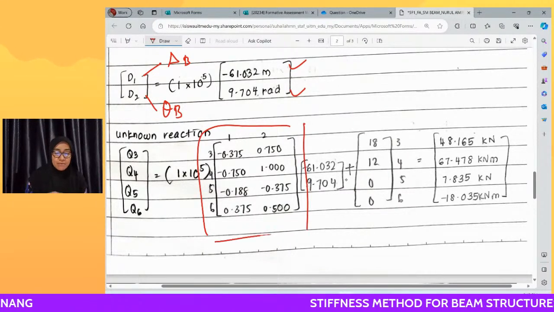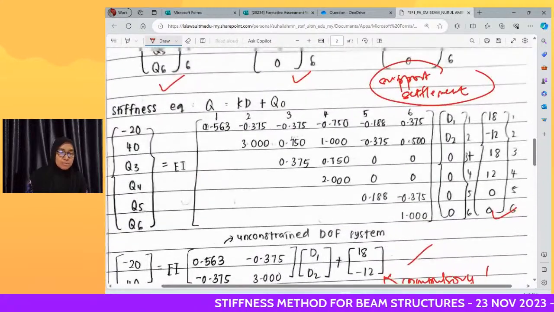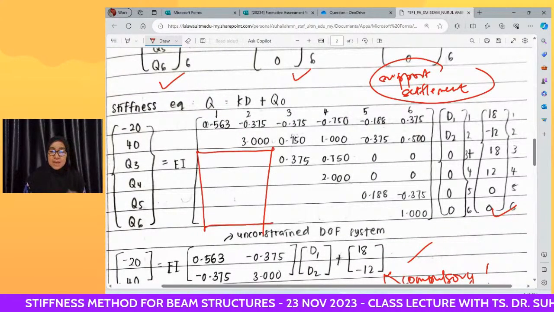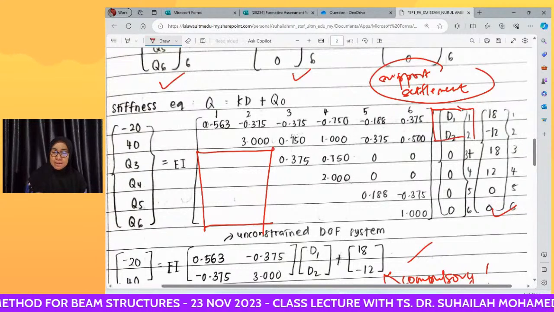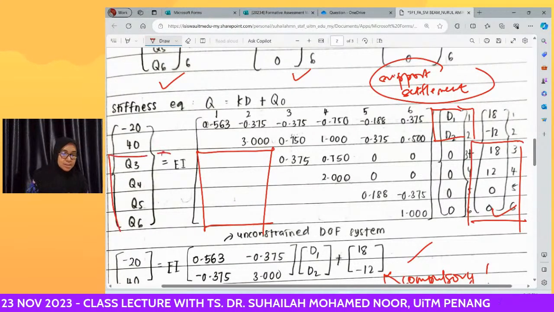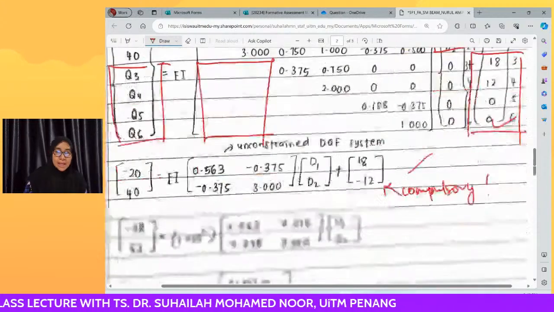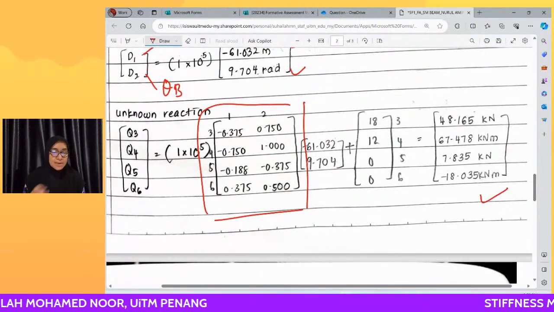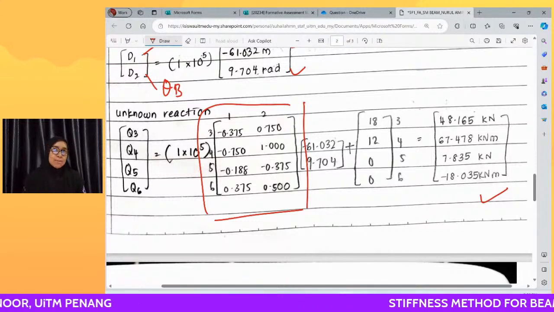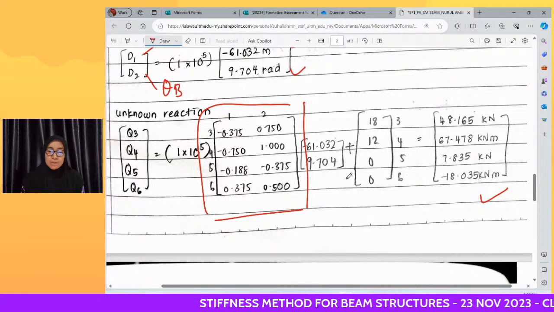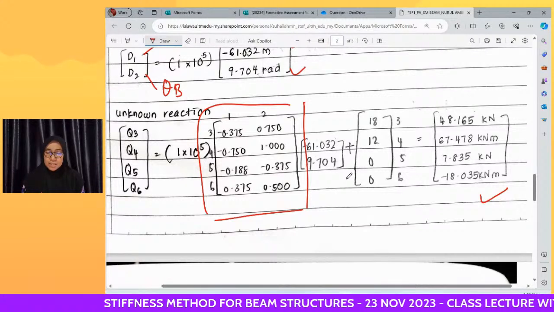This part comes from this, times this, and we plus this to get this. Either you write in short form and give the answer like this, or in mathematical form, it doesn't matter. Most important is the answer.